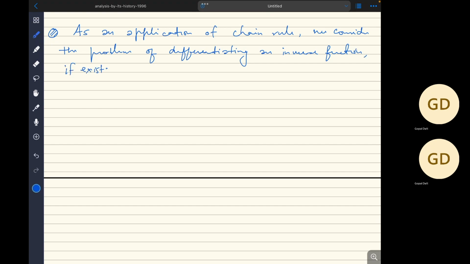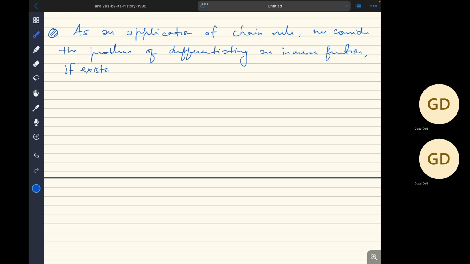We assume that the inverse function of a function exists and the given function is differentiable, then how do we differentiate the inverse function of the given function?